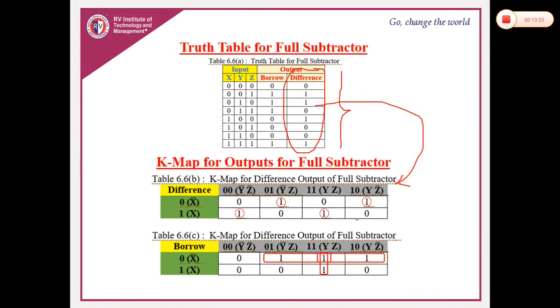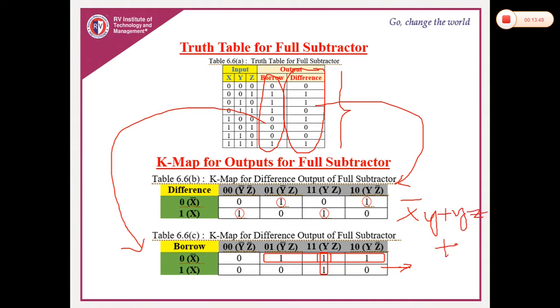Then you can go for the borrow expression. Use the K-map and fill it, and 3 pairs are possible. If you write this expression, it is nothing but x bar y plus yz plus z x bar. In the previous explanation, if you remember, wherever x is there, I just replace it with x bar, then it is equivalent to the borrow expression.